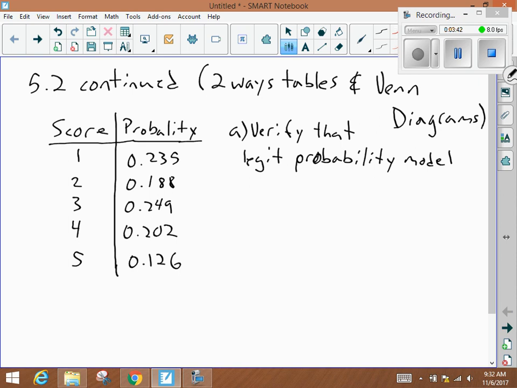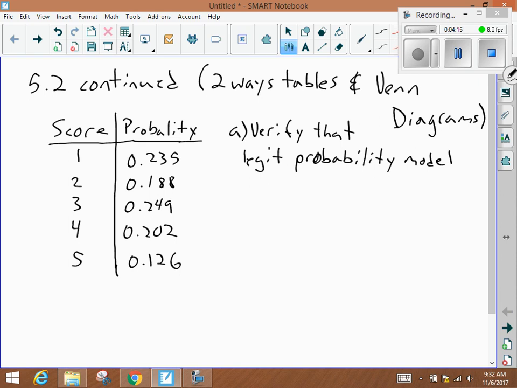So let's see. Is it the case that 0.235 plus 0.188 plus 0.249 plus 0.202 plus 0.126 is 1?